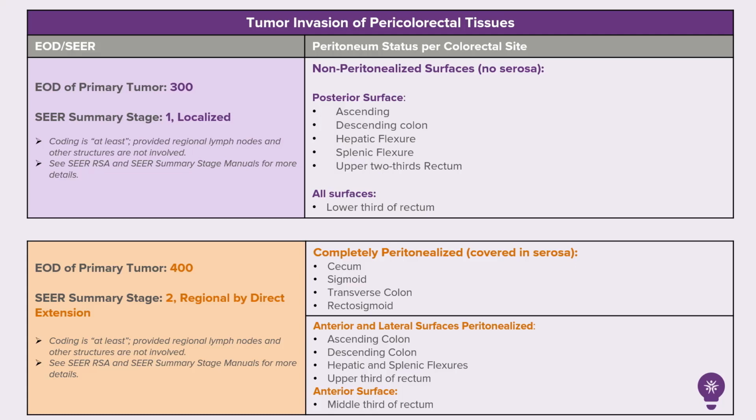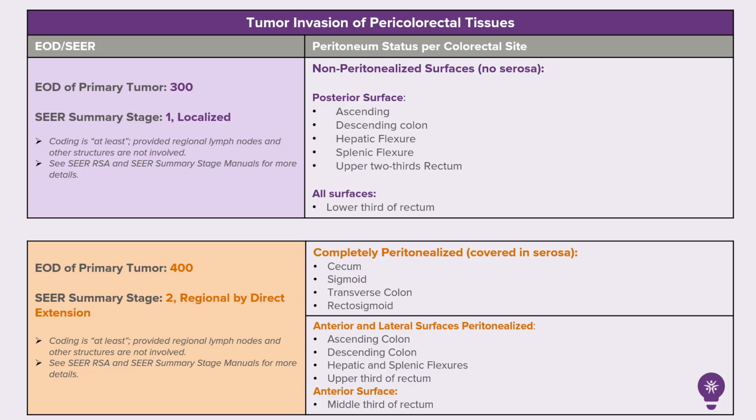Structures that are completely covered by peritoneum, aka the serosa, are the cecum, sigmoid colon, transverse colon, and rectosigmoid colon. Structures that are partially peritonealized, as Melissa told us, are the anterior and lateral surfaces of the ascending and descending colon, hepatic and splenic flexures, upper third of the rectum, as well as the anterior surface of the middle third of the rectum.